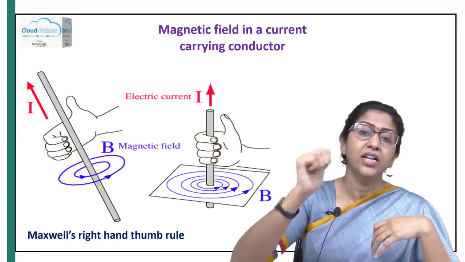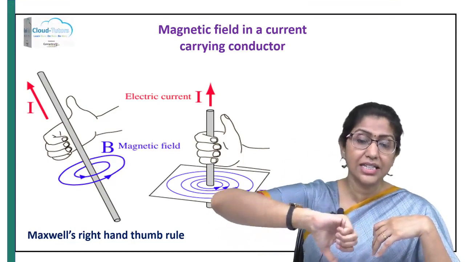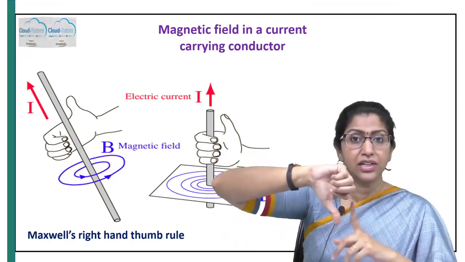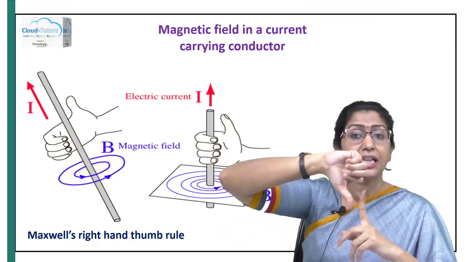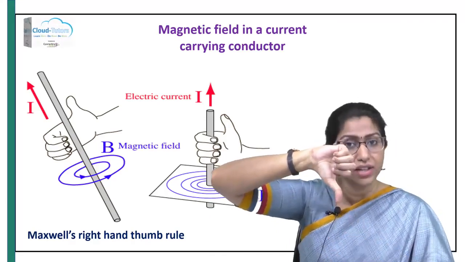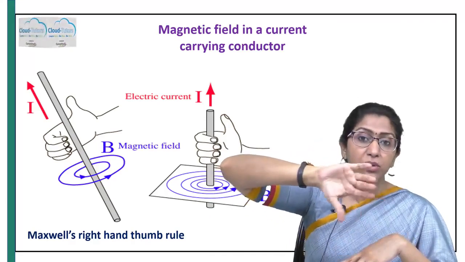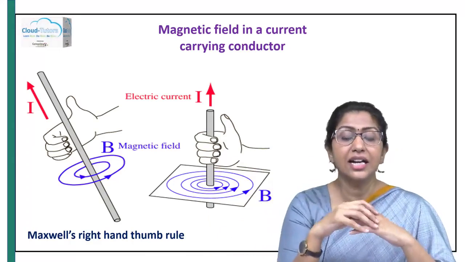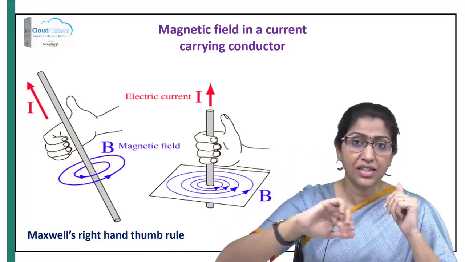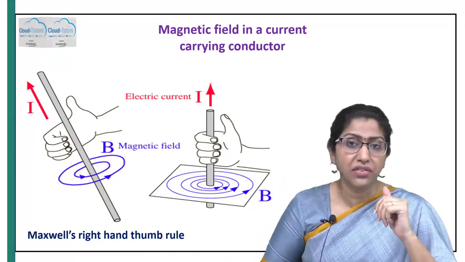If I reverse the direction of the current, my outstretched thumb again shows the direction of the current, but the direction of the magnetic field lines has also been reversed.